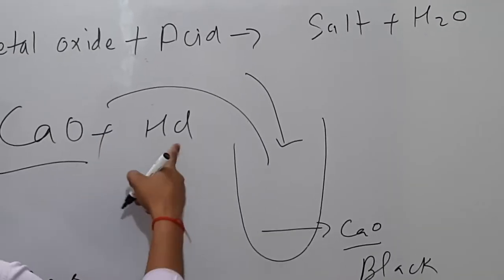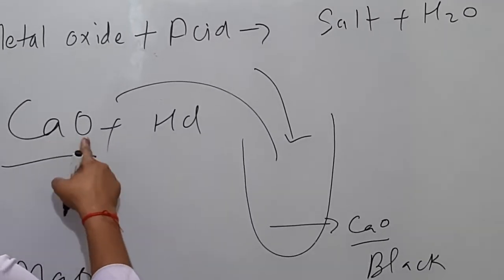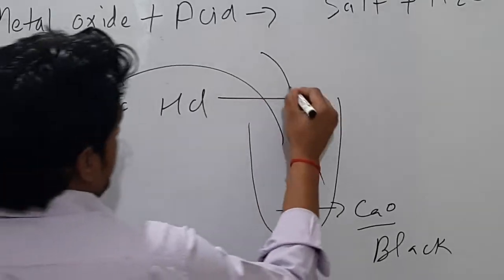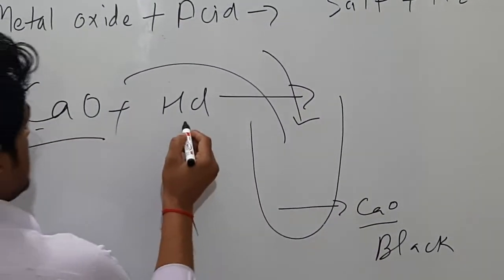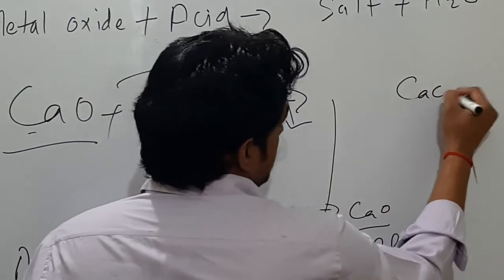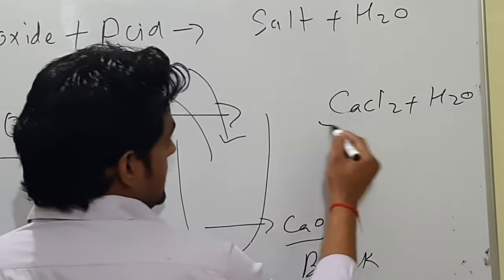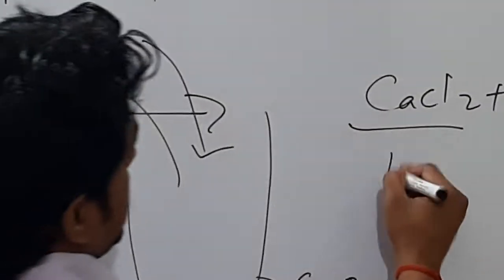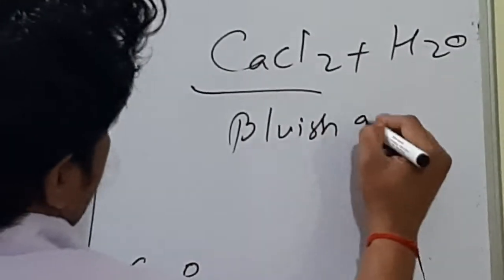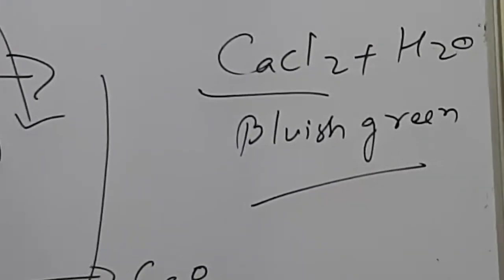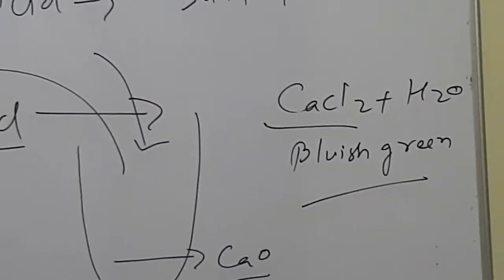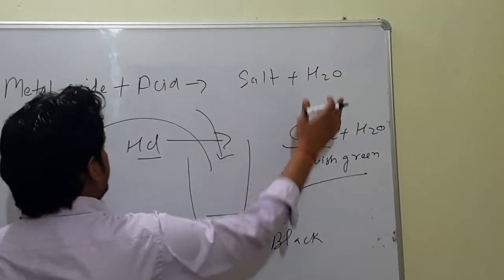When a metal oxide reacts with an acid, it forms a salt. What will form? CaCl2. But the color of CaCl2 will be bluish green. Whenever a metal oxide, किसी भी acid के साथ react करेगा, it always forms salt and water.